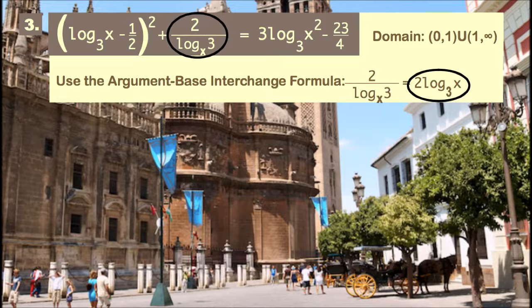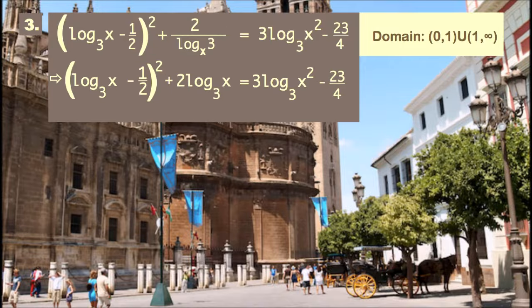And by getting the reciprocal, we took the 1 over log base x of 3, and it became a log base 3 of x. Wonderful. Thus, we have the quantity log base 3 of (x minus 1/2), everything squared, plus 2 log base 3 of x equals 3 log base 3 of x squared minus 23 over 4.